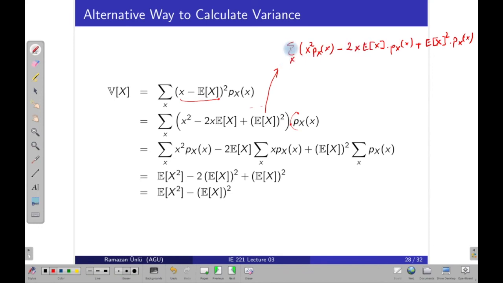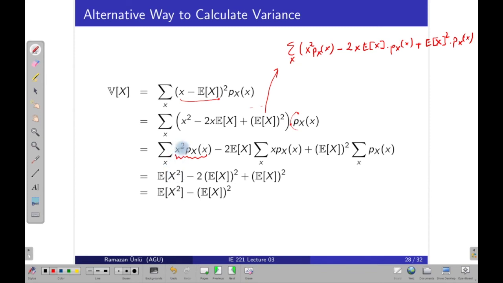So I can separate that summation, and I can write it in this way, right? So what is this part? This is actually the expected value of x squared, right?